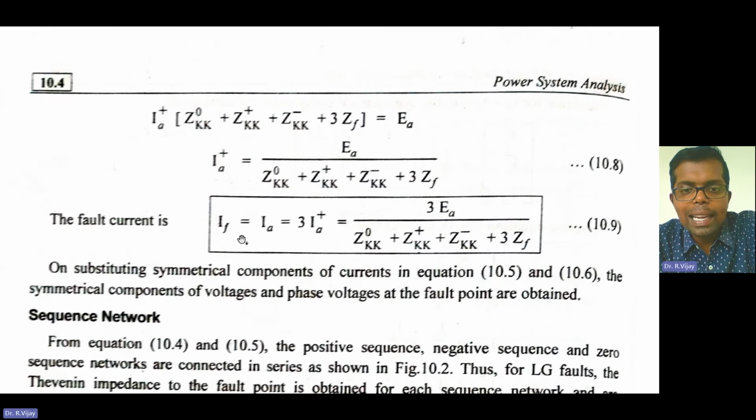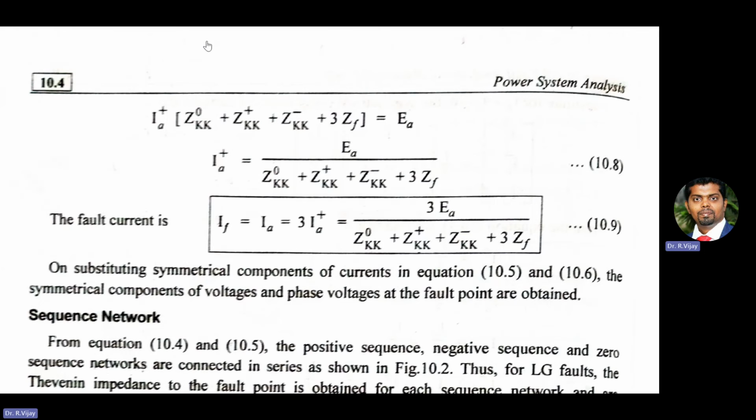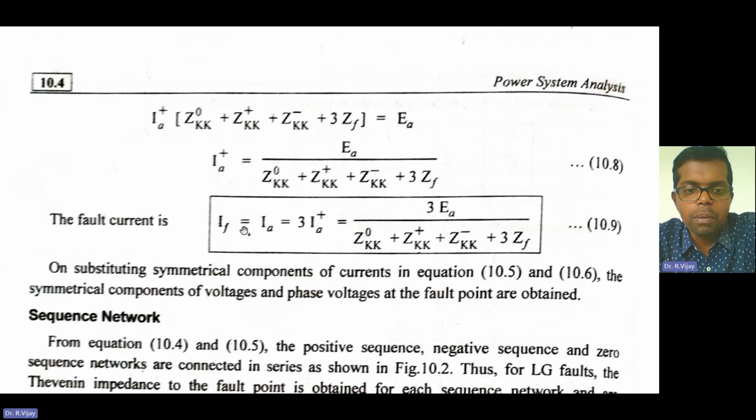So how to calculate this fault current? The fault current IF is equal to IA, as we have already seen in our previous formulation. That is nothing but 3 into IA positive.